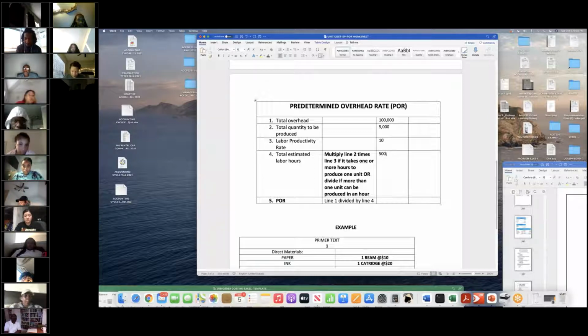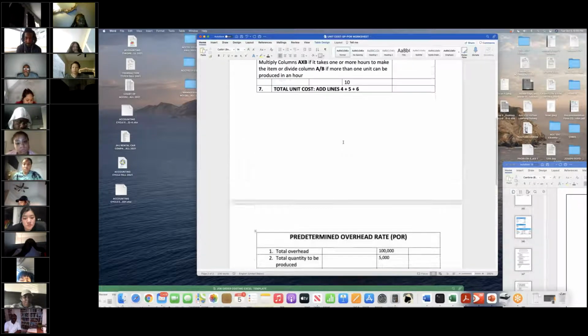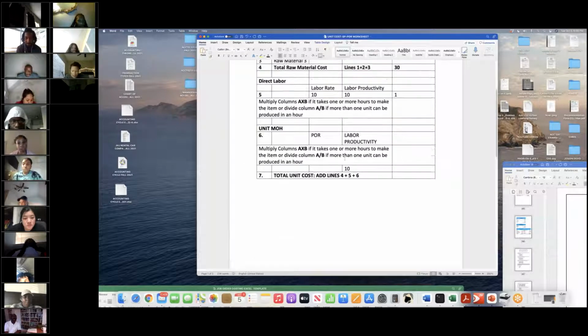And so our POR is going to be what? 200. Line 1 divided by line 4. So how much is that? 200. So we're going to come up here and put 200 right here.